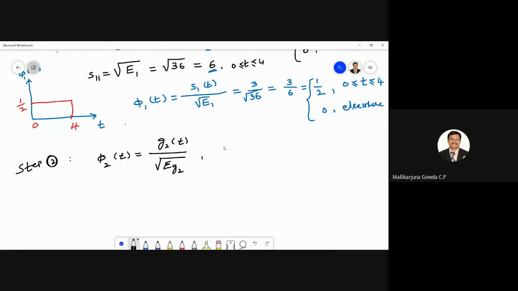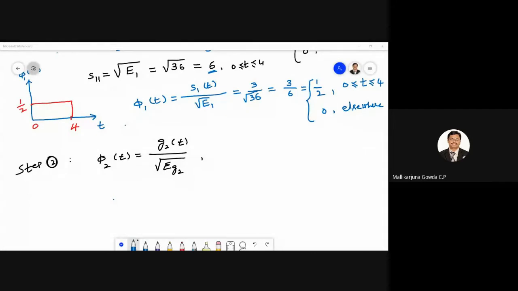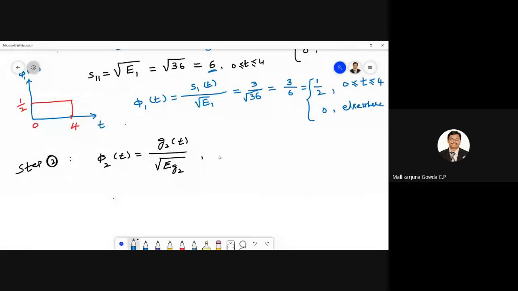Yes, Ananta, can you say how do I define G2 of t? Yes, Ashwini, can you tell me the expression for G2 of t? Quickly, what can I write for G2 of t?